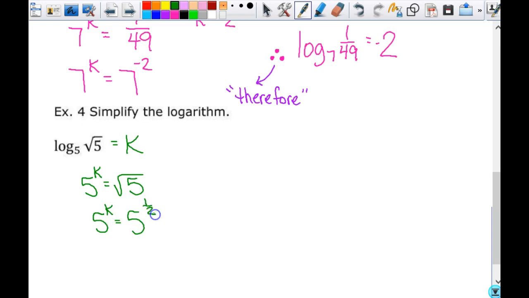Okay. Very good, thank you. Log base 5 of the square root of 5 equals 1/2. Okay. Everybody okay with that?